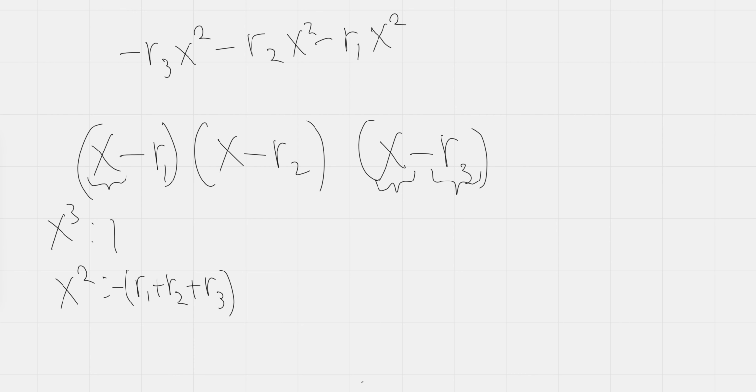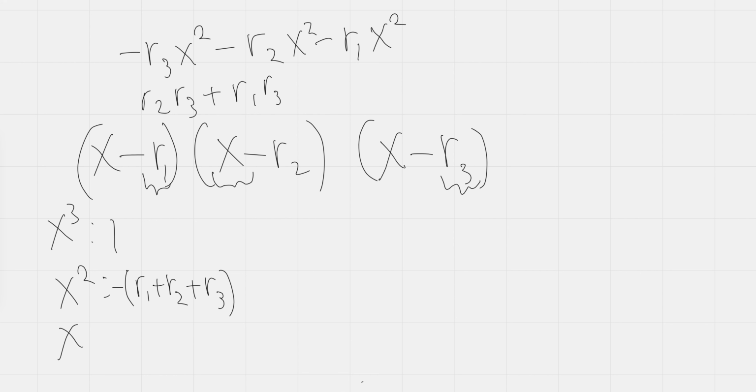Okay, what about the x term? That involves you only picking one x from this entire set of three x's that we have. But that means you have to pick two of these minus r terms. So, let's say, if you pick the first x, you have r2 times r3. And then let's say you pick another x, like this one, then you're going to have to pick r1 and r3.